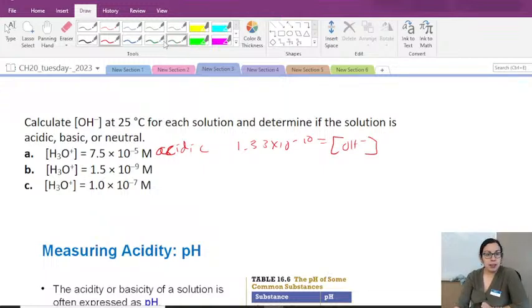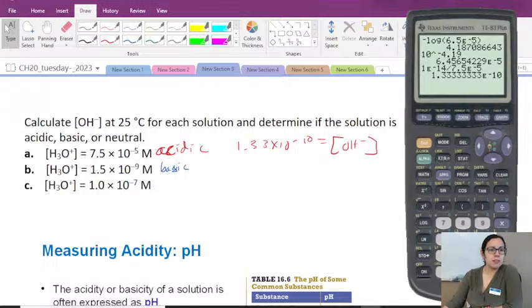What about B? Acidic, basic, neutral? Basic, so now it has less than 10 to the negative 7. And then we calculate our hydroxide concentration. I'm assuming something like the negative 4 or 5.